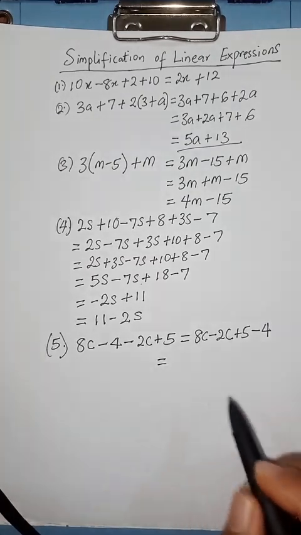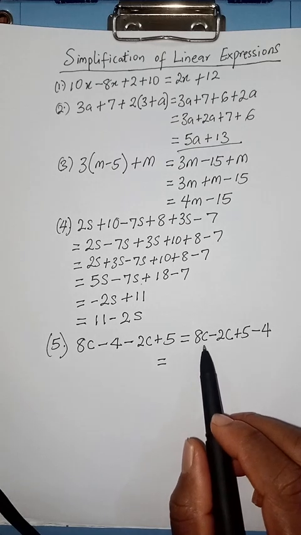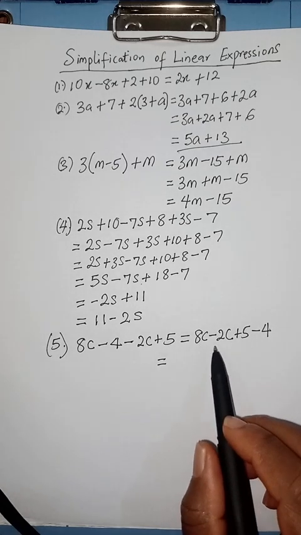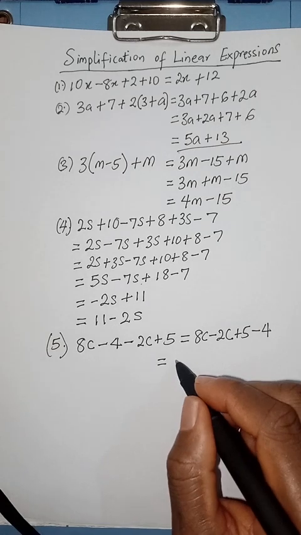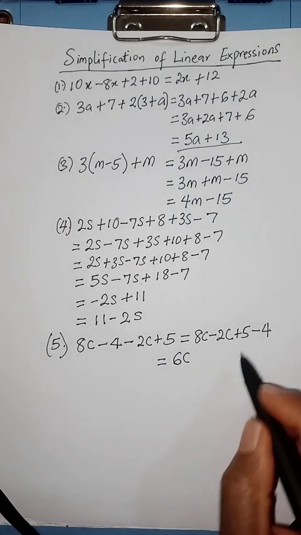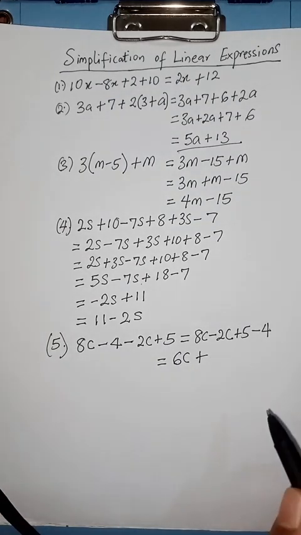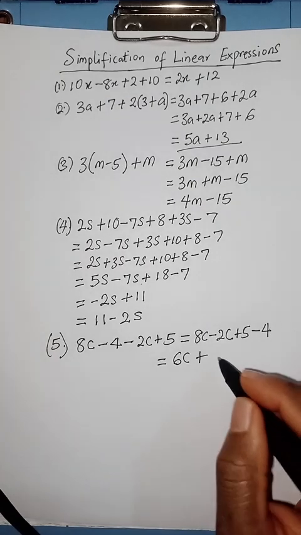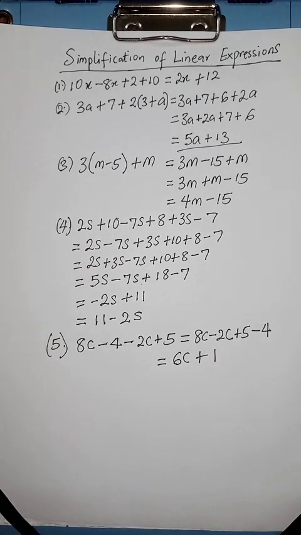And this will become 8c minus 2c is 6c, plus 5 minus 4 is 1. So my answer becomes 6c plus 1.